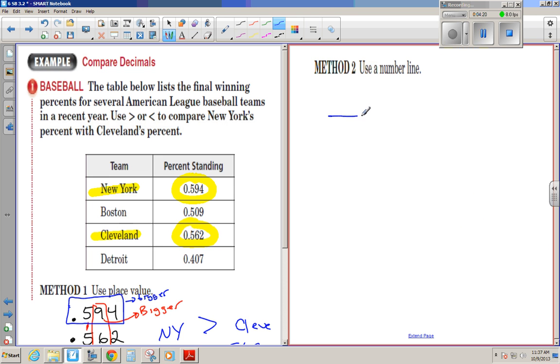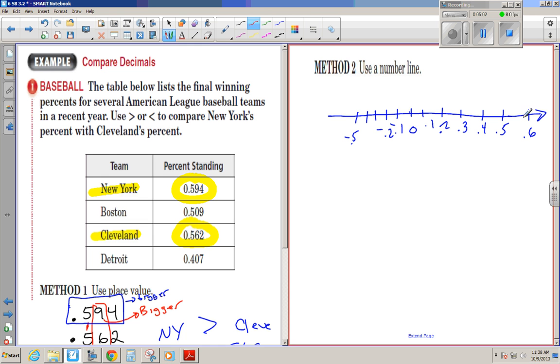Using a number line. Well, we just got done talking about Chapter 2 with number lines. Here's 0, negative 0.1, negative 0.2, negative 0.5. Over on this side, let's put 0.1, 0.2, 0.3, 0.4, 0.5. And we'll go to 0.6. So if we look at this on a number line, we're looking at 0.594.